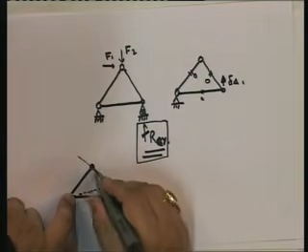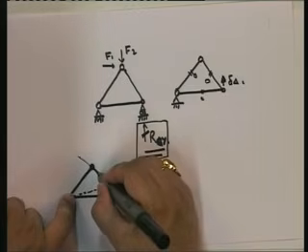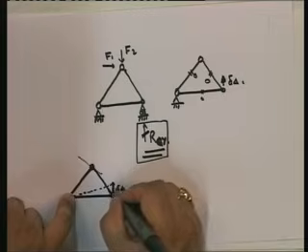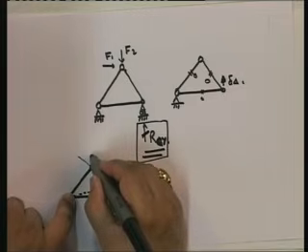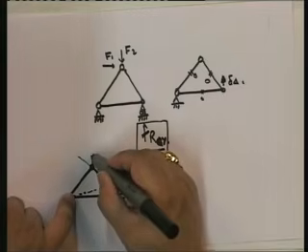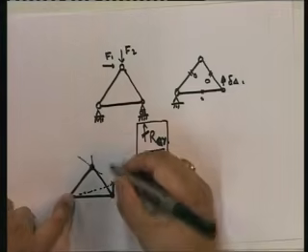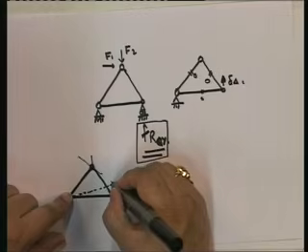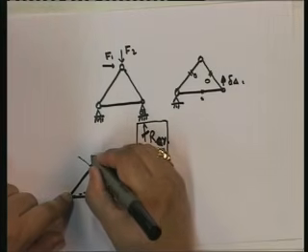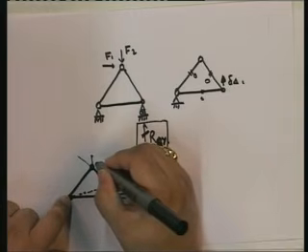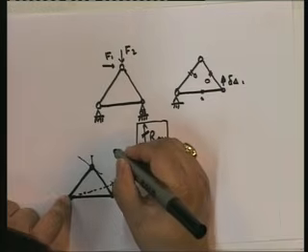If this joint moved here, to ensure that this member remains undeformed, this would have to go up too, because then that would ensure that this was undeformed, right? So this point would move here if it was not restrained. But it is restrained.